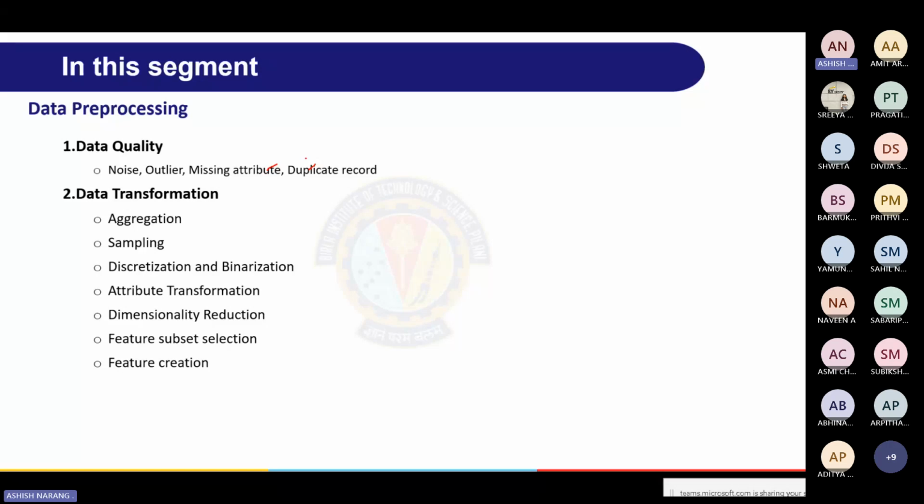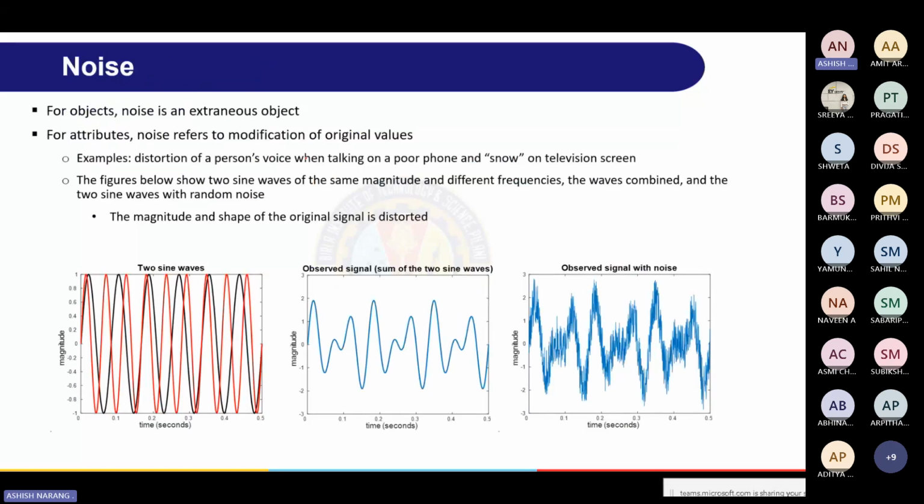So let me move ahead. First thing is noise, right? Noise is what, when you look at a set of data points, there are certain data points that behave significantly differently. So it's an extraneous object that came in, and we want to identify this noise because noise actually modifies the original values.